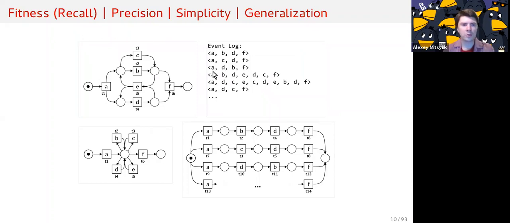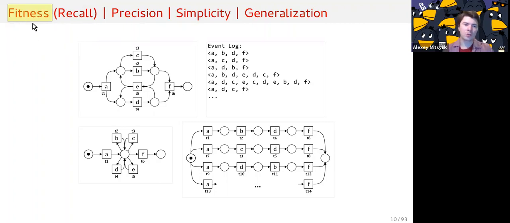There are several metrics which are considered in process mining as important metrics for process models. First of all, it is fitness, also called recall. I think this latter name can help researchers from different fields, such as machine learning or data analysis, to understand what the fitness metric is.